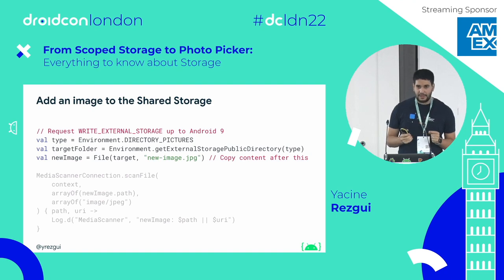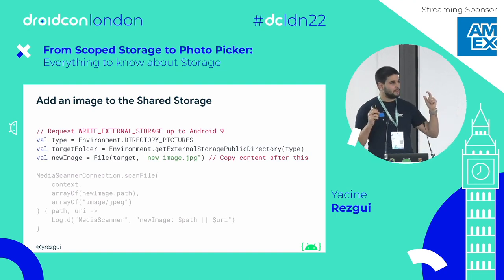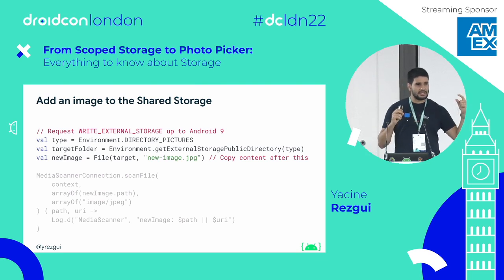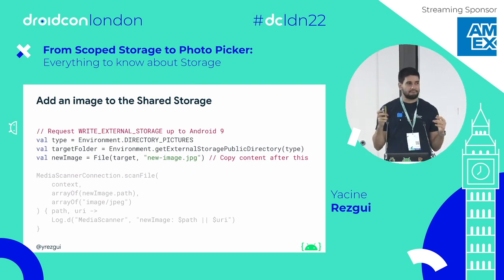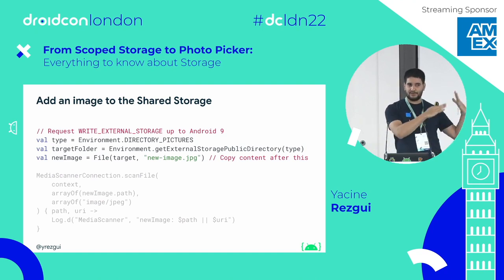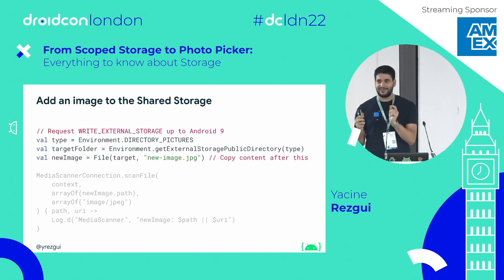And lastly, you know that sometimes, especially on older devices, when you take a picture or when you save an image from somewhere else, you can't always find it in another app. So let's say I'm taking a picture, I'm applying a filter in Photo Gallery with an amazing filter app, and I'm trying to share it in my favorite social media app, but I don't always find it.